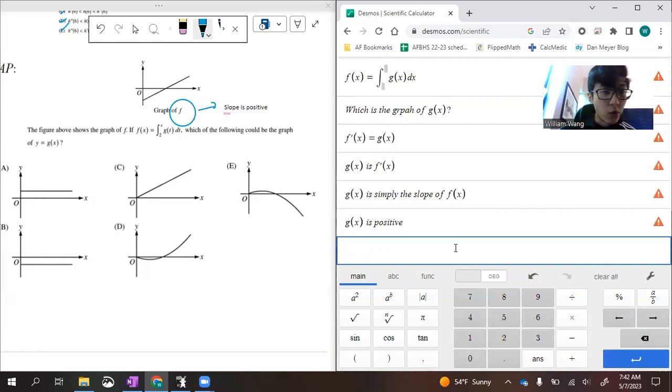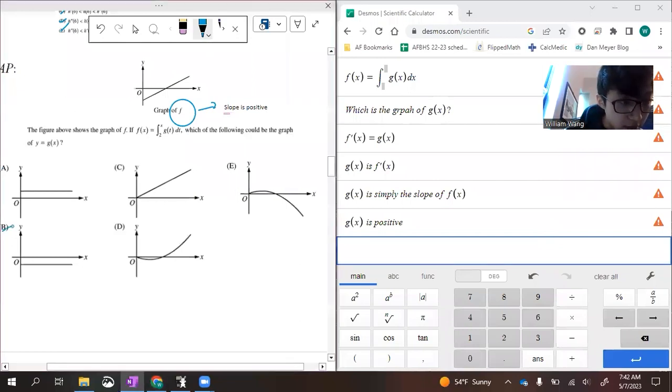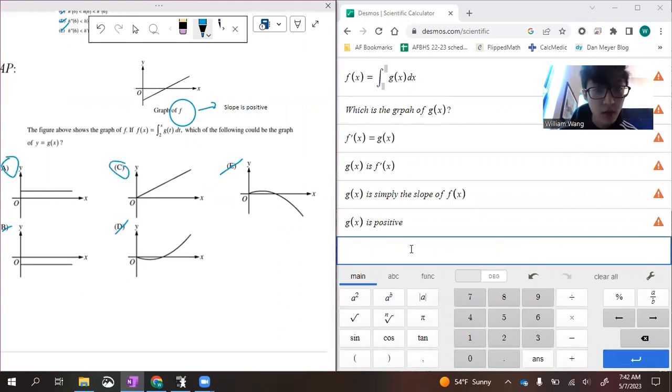All right, so which of these graphs is going to be positive? Well, it's definitely not B. D is negative at some point. There's no reason for it to be negative, so it's not D. E also goes negative. There's no reason for it to be E. So it's either A or C. And the question now is which one?